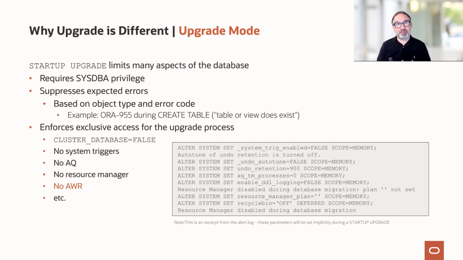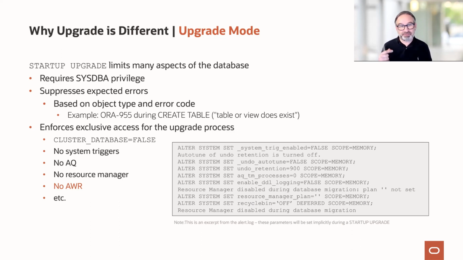What we do in the background here is we silence a lot of things. So here in that screenshot, you see a snippet from an old alert log. These days, you don't see these messages anymore. I think this was from 12.1.0.2, but later on, there was a fix made to hide some of the output in the alert log, and so you don't see them anymore.